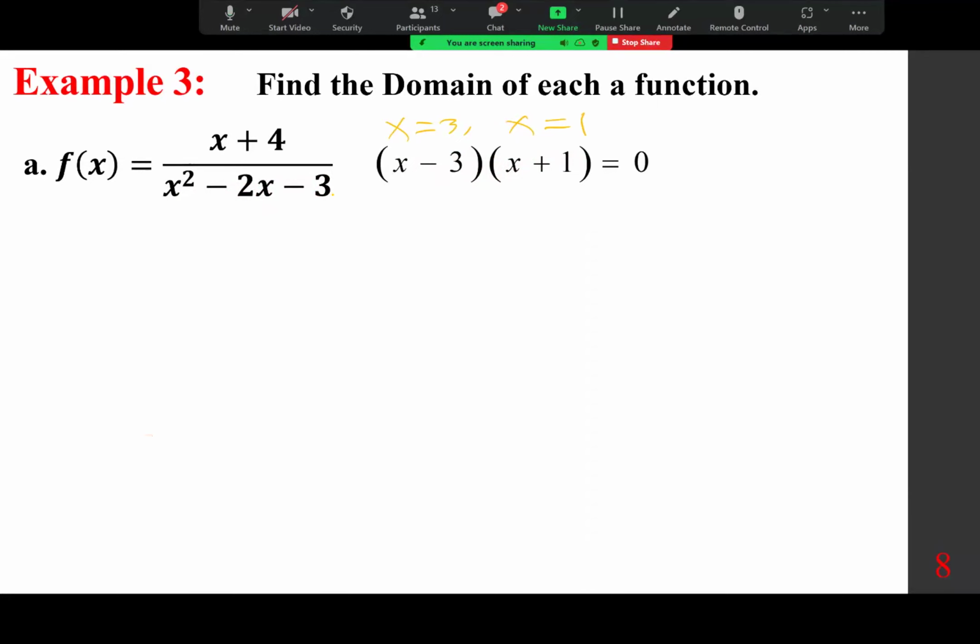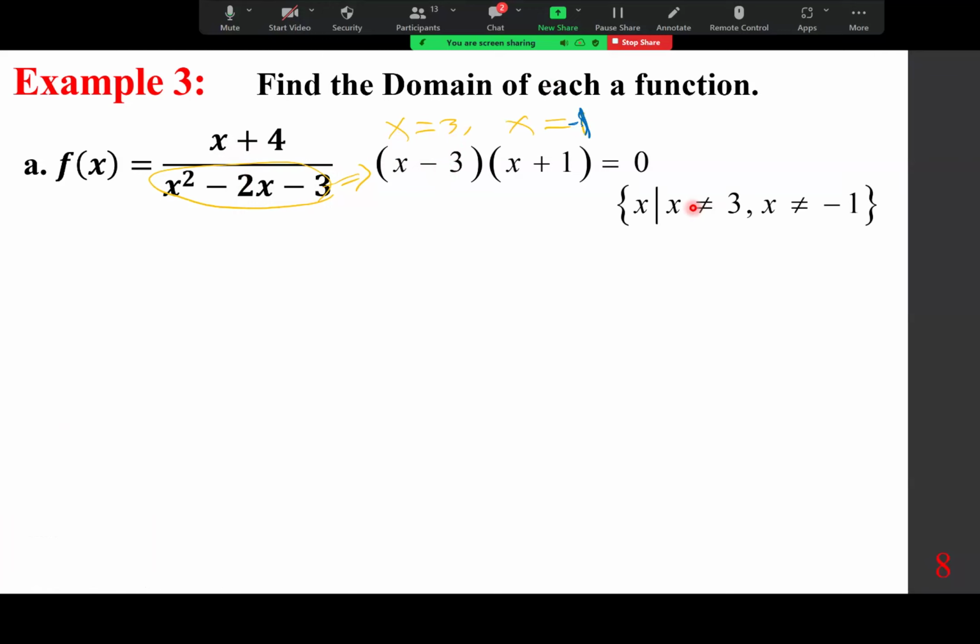So when you set the denominator equal to 0, this is what you get. What is the domain? x can't be 3, and x can't be -1. So all real numbers except 3 and -1.